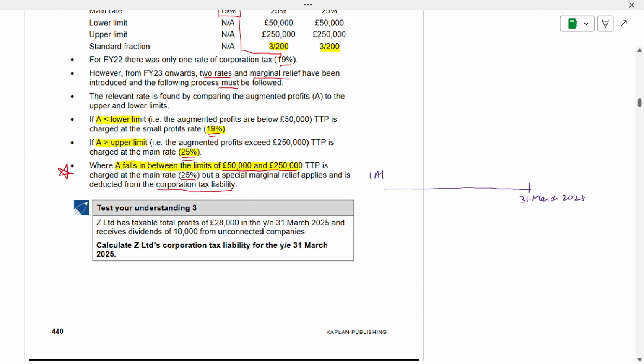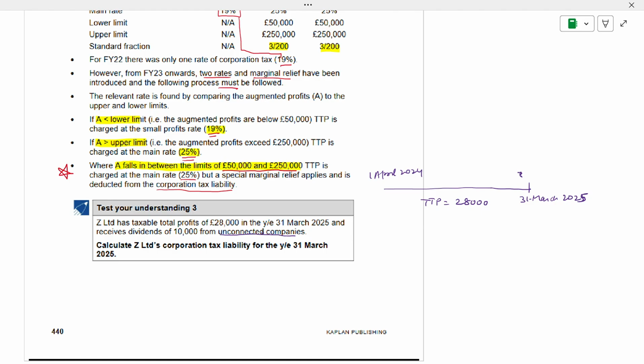Yes, sir. Now, what they are asking: taxable profits is how much? Year ended 31st March 2025, which means 1st April 2024 to 31st March 2025.